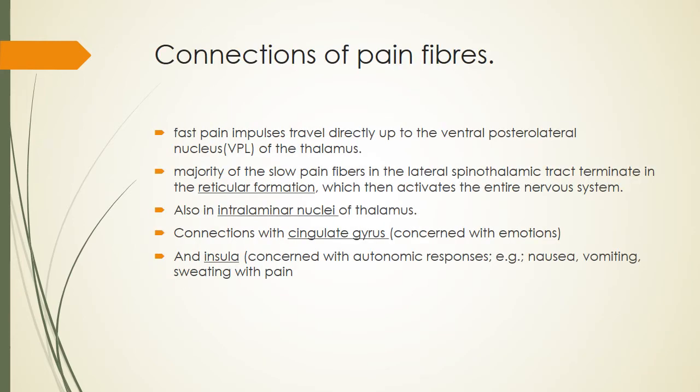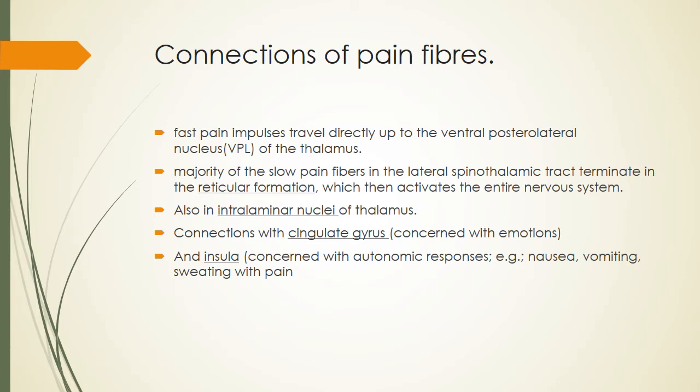Now, as we have discussed, the pain fibers are of two types, the fast pain fibers and the slow C type of pain fibers. The fast pain fibers travel directly up to the VPL nucleus of the thalamus.